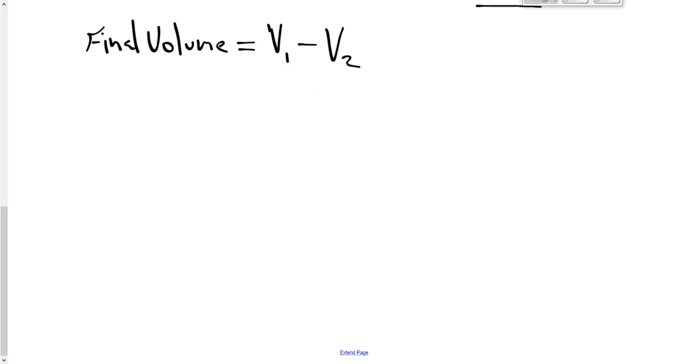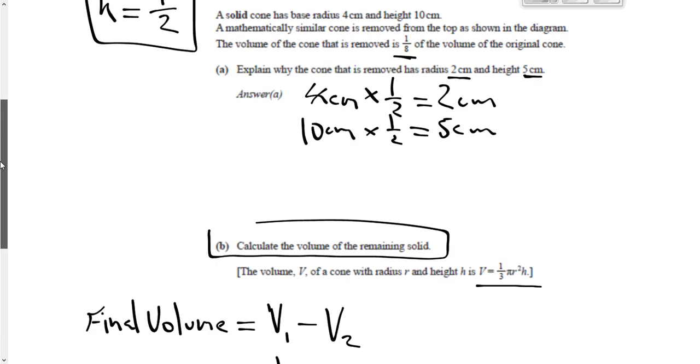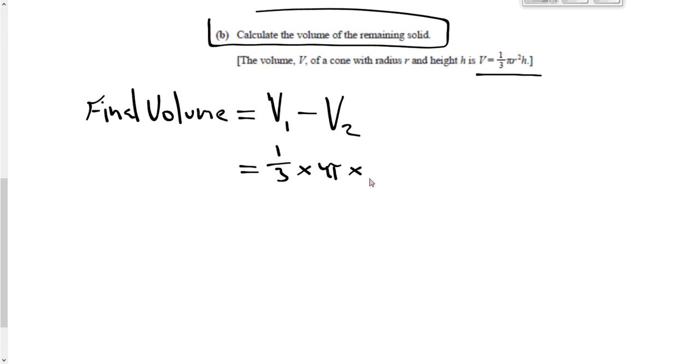All we need to do is apply the formula. The volume of the first one will be equal to 1/3 times pi times the radius squared. The radius of our original one is 4 centimeters, so it's 4 squared, multiplied by the height, which we know to be 10.